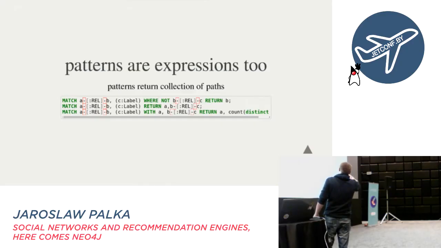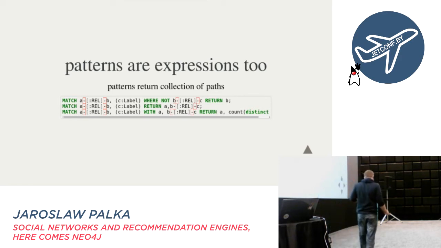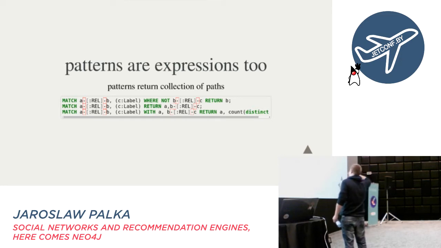This is the fun thing I love, because the pattern returns a collection of paths. And if the collection of paths is empty, it evaluates to false. So you can use patterns in the match query, in the where. Of course, you can use them in return statements, and so on.